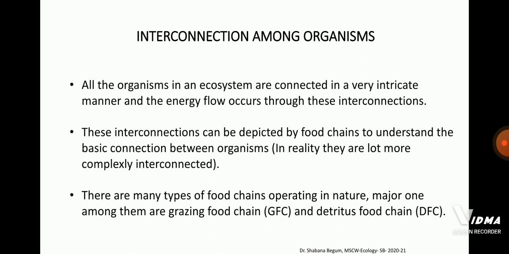Food chains give you the linear relationship between producers and consumers in an ecosystem, where there is transfer of energy from one trophic level to the next with the process of eating and being eaten. Food chains are mainly of three types: grazing or herbivorous food chain, detritivorous food chain, and parasitic food chain.